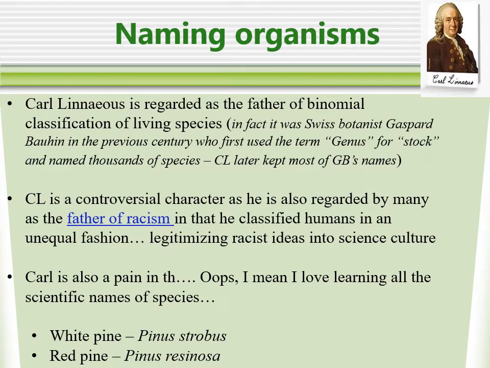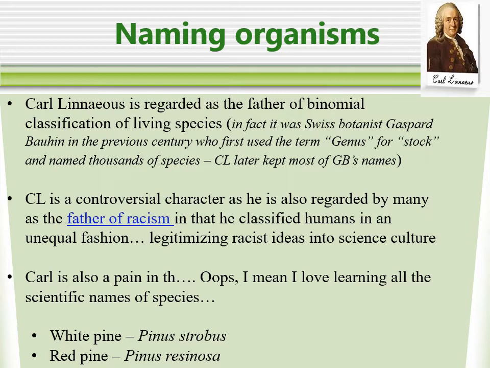Now, Carl Linnaeus is a controversial character in this day and age, where we're reviewing our history and trying to understand who these people were. He is maybe not the most heroic individual we had thought, because he's regarded by modern-day historians as the father of racism, because he classified humans in an unequal fashion, in a sense legitimizing racist ideas in early science culture, which has had huge impacts on people.